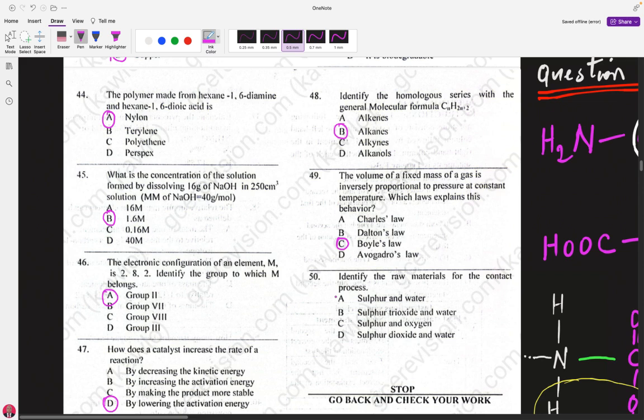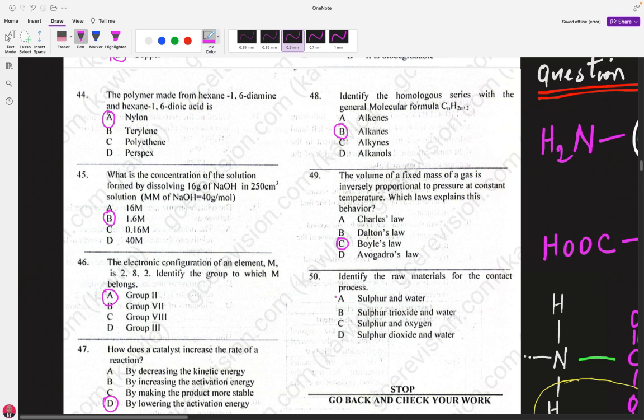Not the raw materials. You know that sulfur that results from volcanic eruption is the one used for the contact process. Oxygen is also used. When we use sulfur and oxygen, a reaction takes place to produce sulfur dioxide at equilibrium.